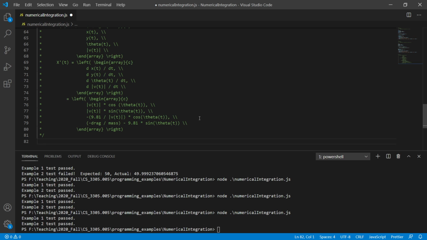Okay, and then our integral, right? The way that we would note it is that we have an integral evaluated from some initial time to some final time, and then we're sampling our function, our differential here. This is our sampling function with step size dt.